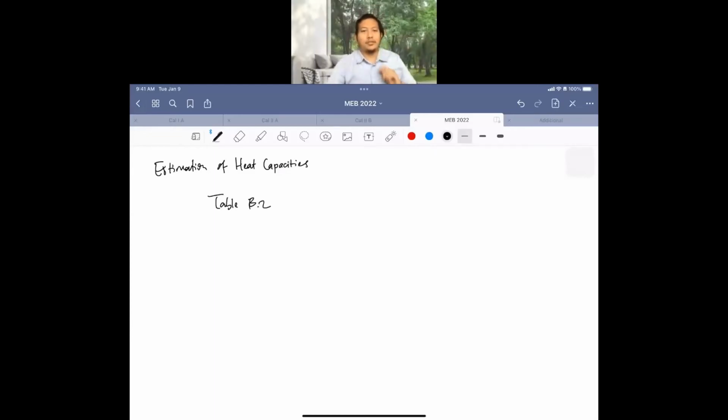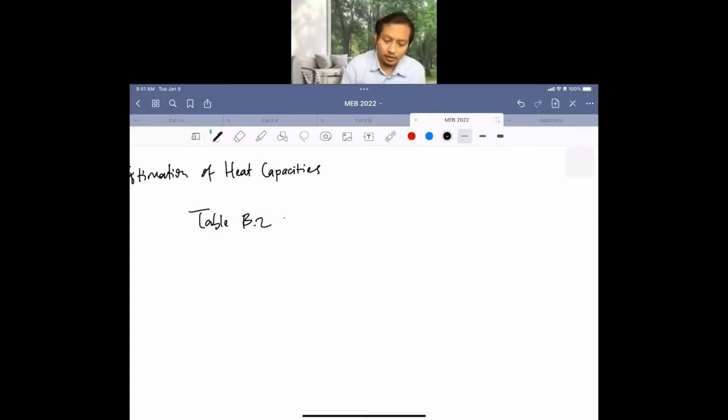Okay, now for estimation of heat capacity, if you look on table B2, the table B2 is based on experimental data. So they have some experiment and they are using some graph, and then they try to do some approximations, and they have some set of formulations for some substances, right?